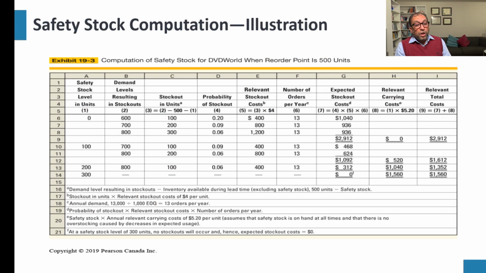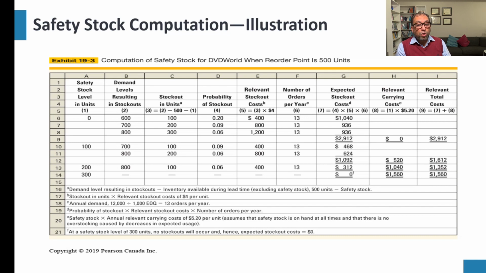So this is a safety stock computation, how we can calculate safety stock. We see here there are different safety stock levels, demand levels resulting in stockouts, 600, and then stockouts in units, 500 minus 1. So we see these are the values. Probability of stockout. So these are the probabilities of stockout. Relevant stockout cost.